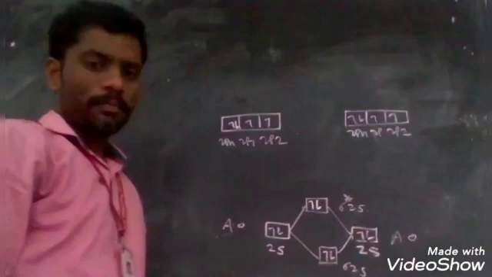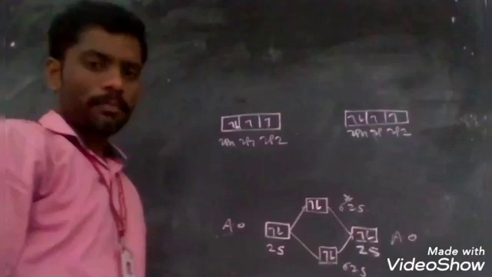These 2 orbitals are degenerate. Then the remaining 2 electrons enter into the pi star 2py, which contains a single electron, and pi star 2pz also contains a single electron. So this is the molecular orbital energy level diagram and electronic configuration.